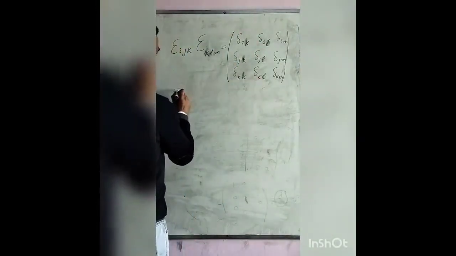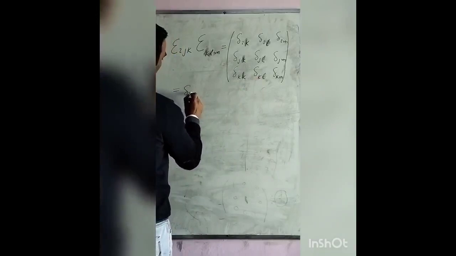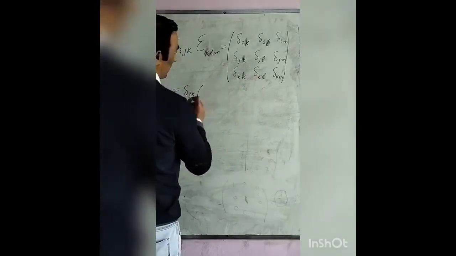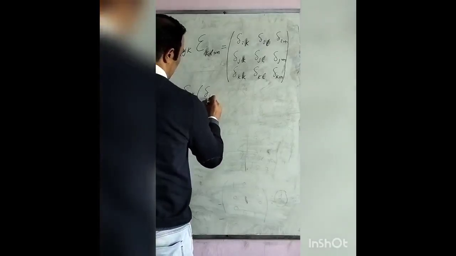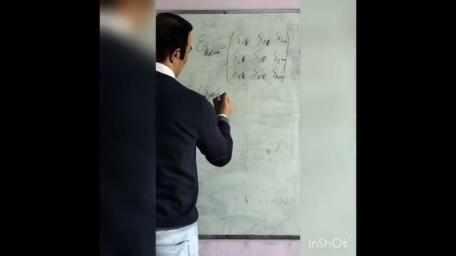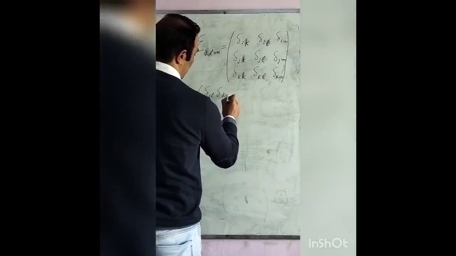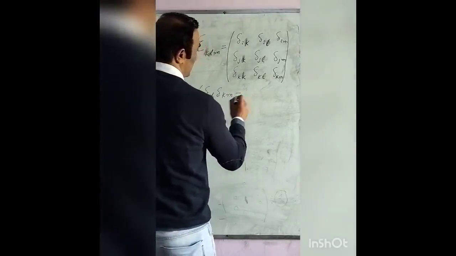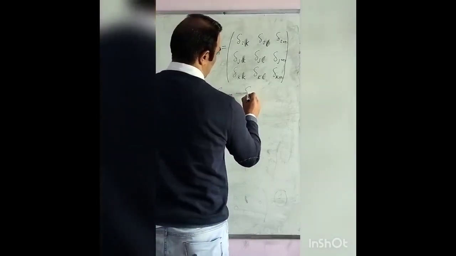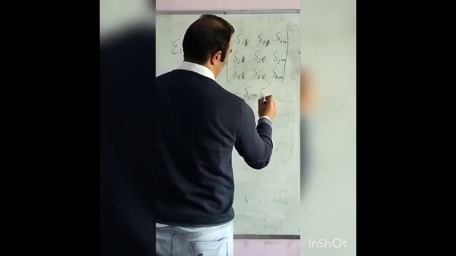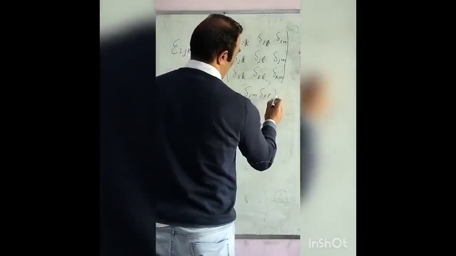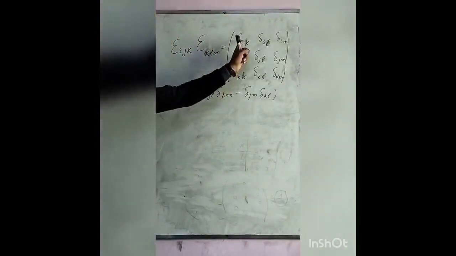So its value will be equal to, first one will be delta ik, inside will be delta j l, delta km, minus. So this is when you expand with respect to the first element, right?